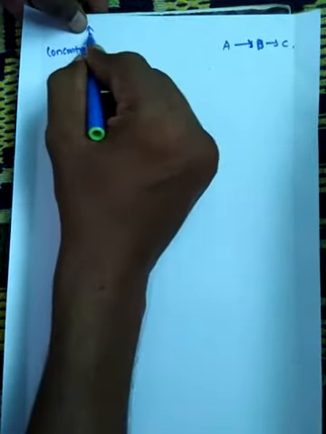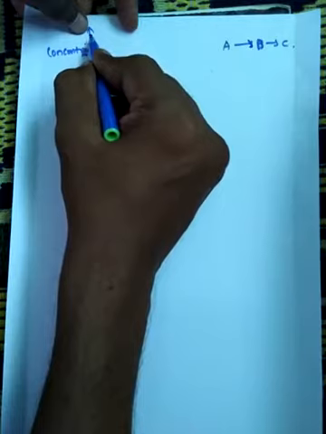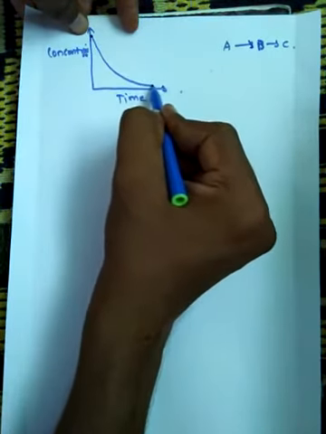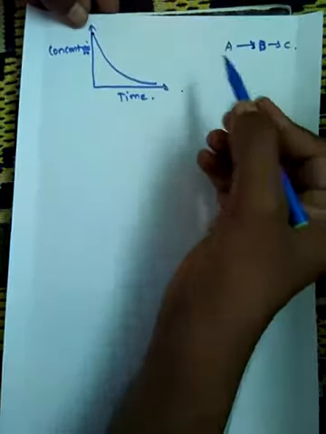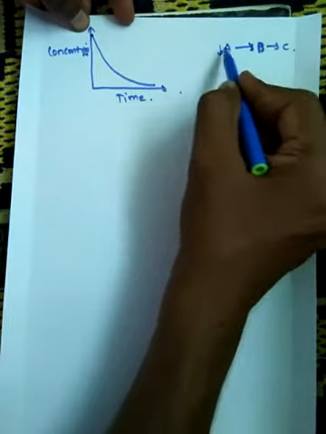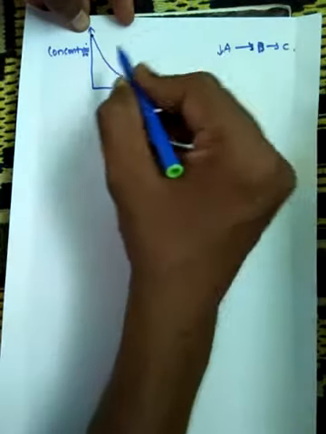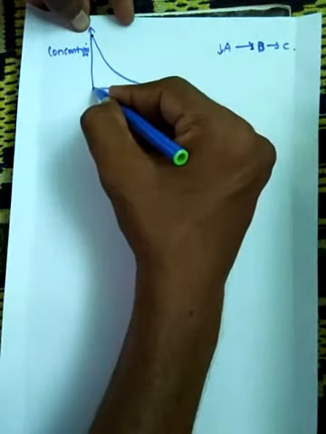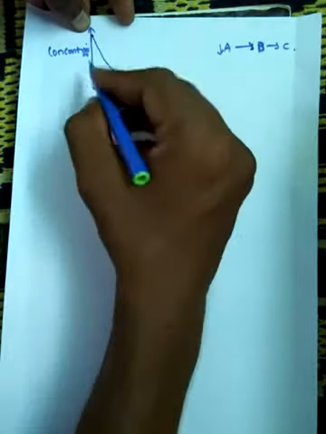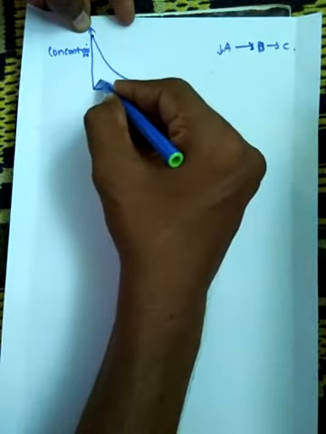This is your concentration of A. When the concentration of A decreases, it produces B. Therefore, as the concentration of A decreases, the concentration of B will increase.